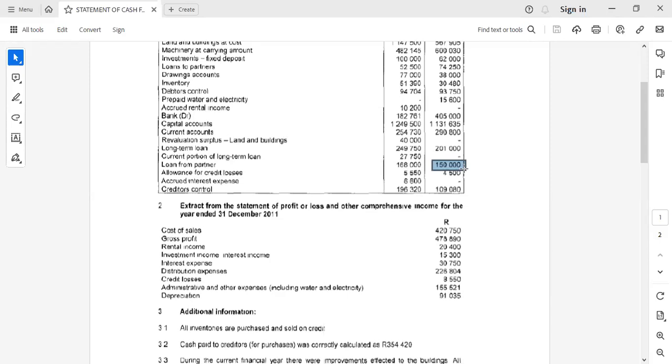So the whole increase from 150 to 168 was because of interest capitalized. Interest capitalized means there was no cash flow. They just topped up the interest that we didn't pay. So there was no cash flow on that loan. But if it was more than 168, then we could have calculated how much was obtained from there.